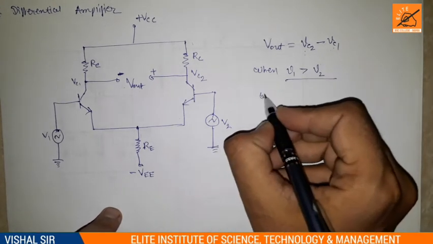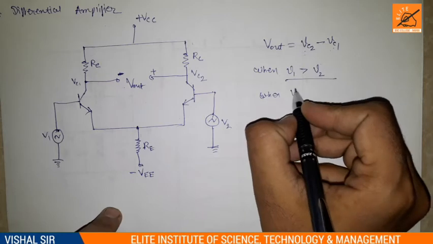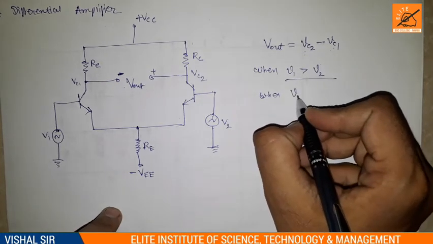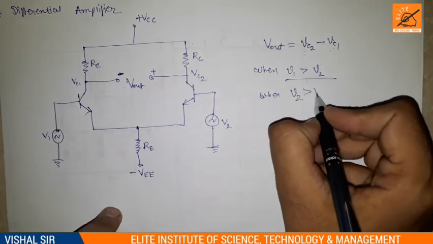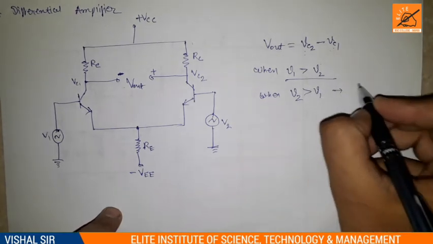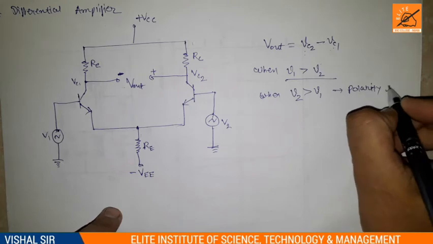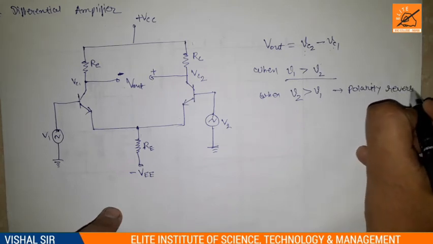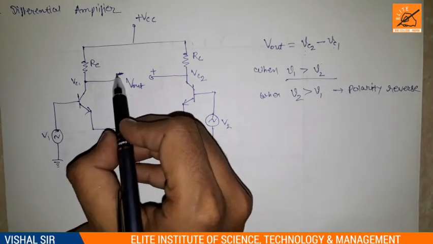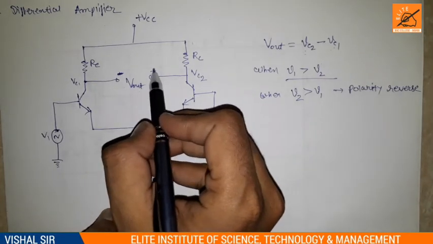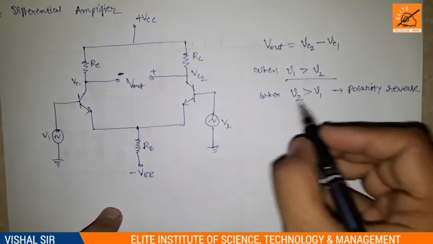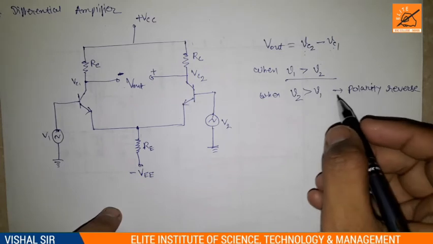Now when V2 is greater than V1, then polarity will be reversed. Okay, it means here will be plus and here will be minus. So this polarity will be reversed if V2 is greater than V1.